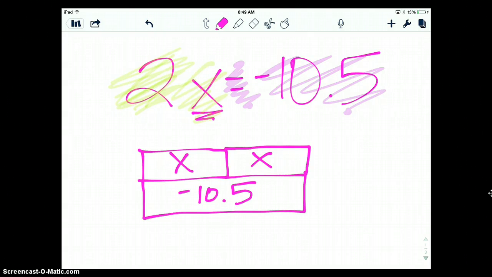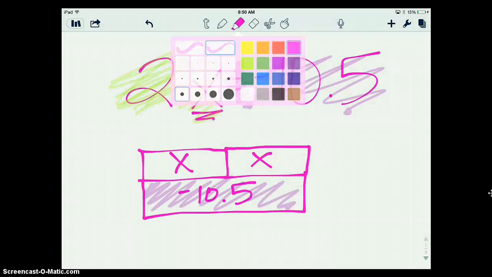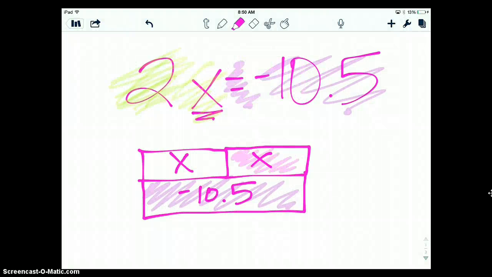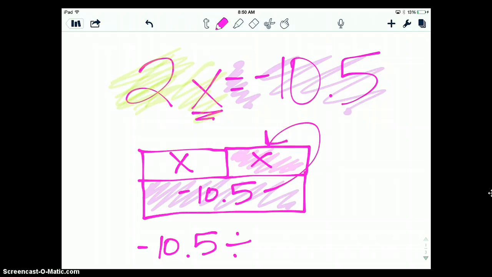And then I would say, how do I go backwards? Well, if this whole chunk was worth this much, and we need to figure out what one of these chunks is worth, I would take negative 10.5 and do what? I need to divide it up into not one, but two equal parts to see how much each part would be worth.